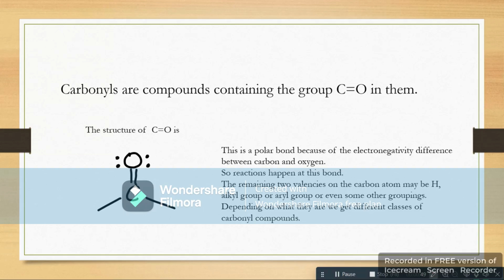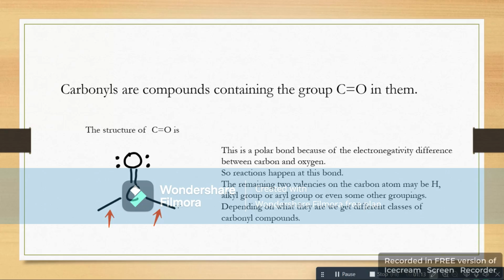That means the carbon atom has got a double bond towards the oxygen, and the oxygen is having two lone pairs on it. The carbon atom has then got two other valencies on it, and these valencies can be attached to different things.